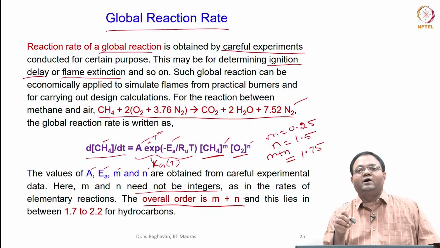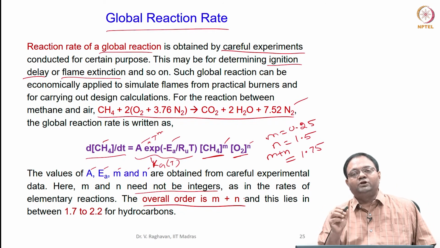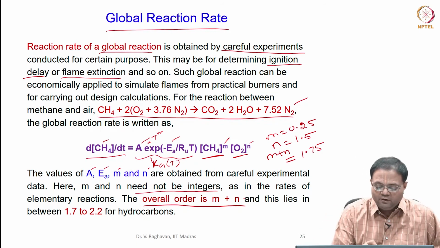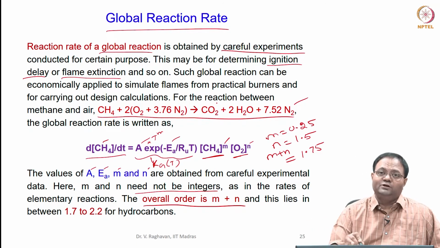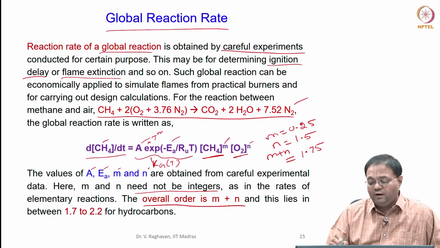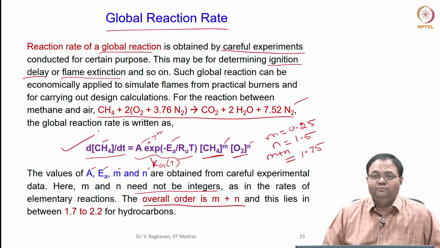So this is where we are now defining the order of the reaction. The order of an elementary reaction is the same as the molecularity, the number of molecules participating, but for the global reaction there is no molecular definition. However, the order can be defined from the rate equation.